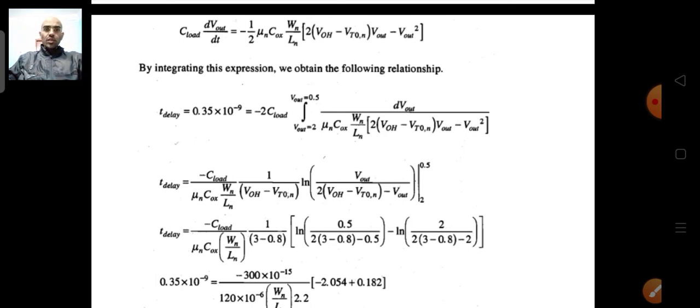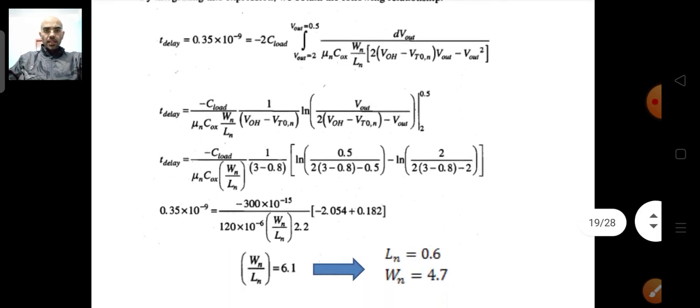Using that equation, if we solve load capacitance times dV out by dt and put in the integration limits, then we find the propagation delay, our fall time for this particular condition.